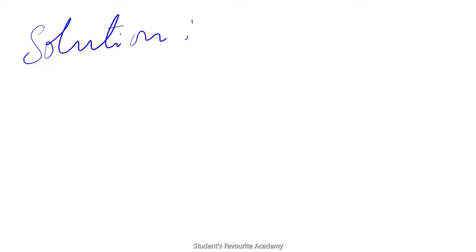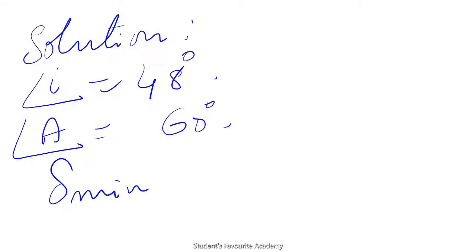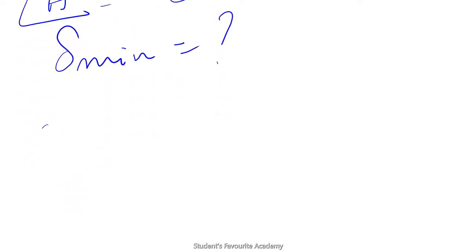So, solution. Now, what is given? Angle of incidence I is 48 degrees. Angle of the prism A is equal to 60 degrees. What is asked? Angle of minimum deviation. Now we know the formula.